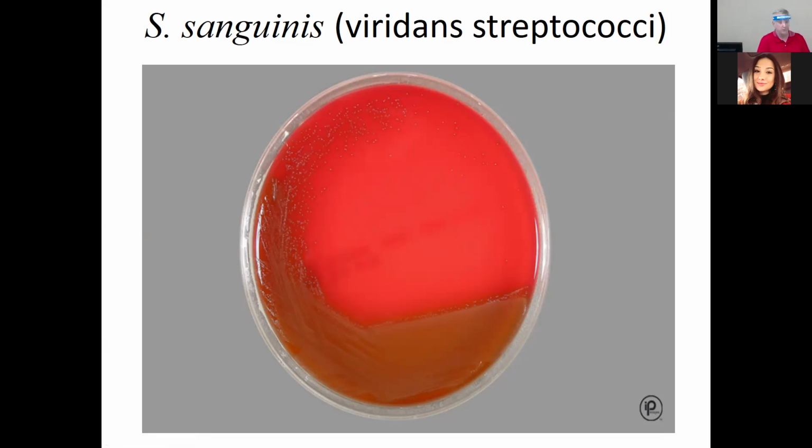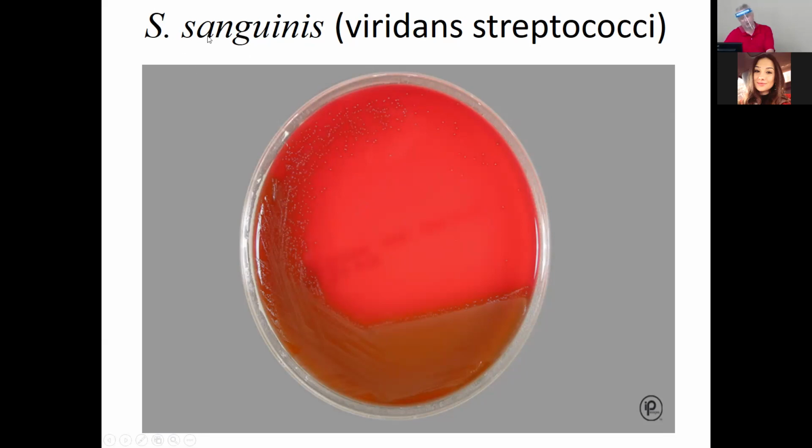Because we know strep pneumo is probably the pathogenic version of the alpha strep. So you may have this, and you're going, well, I'm pretty sure that's not strep pneumo, but we'll do a test to see if it is. And we're going to put these tests in just a little bit. So keep a little preview of, hey, I've got strep sanguinis, and I'm not really sure if it is.